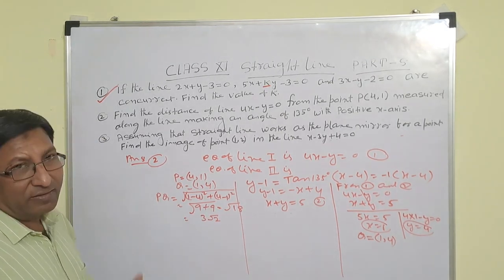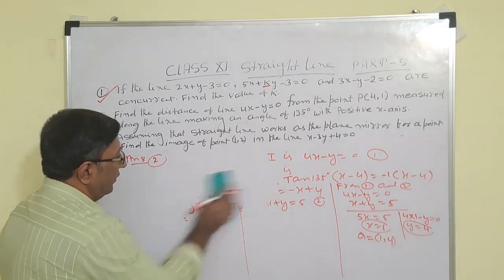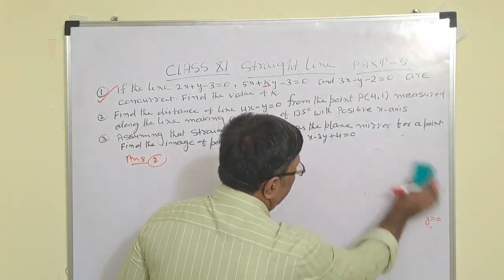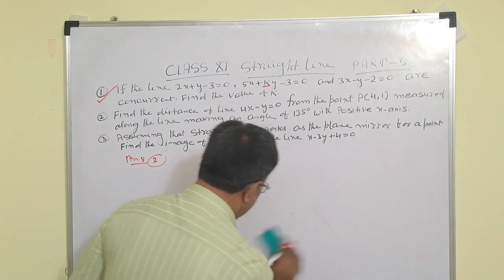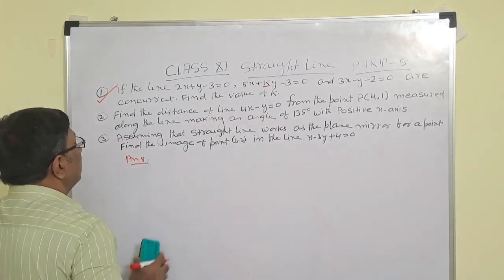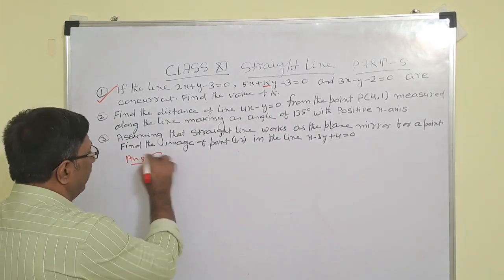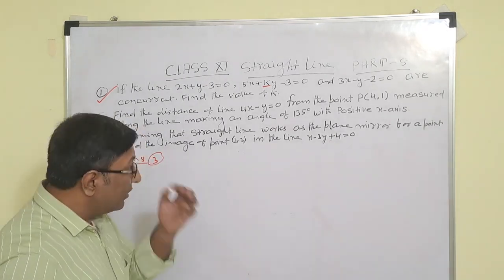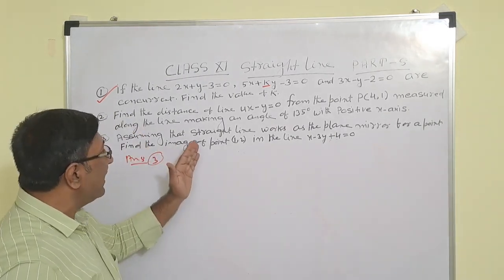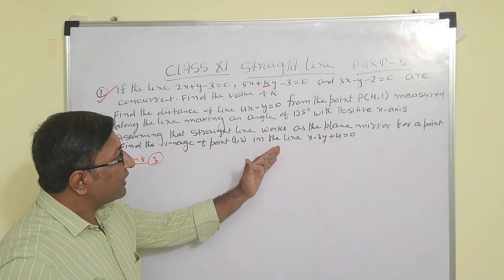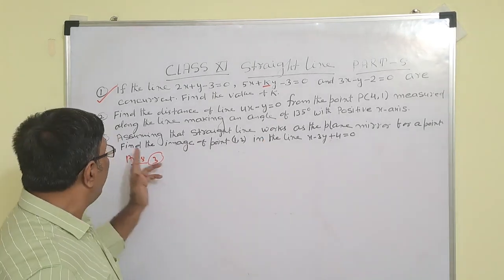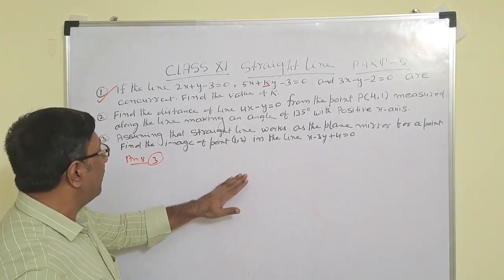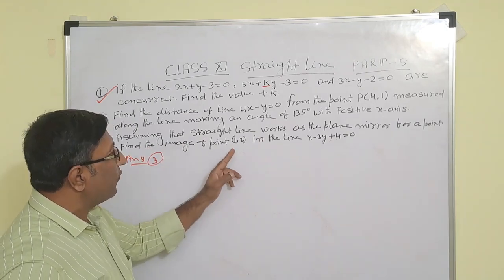Okay, now see the third question. The third question is also a most important question. What is the third question? Assuming that a straight line works as a plane mirror, for a point, find the image of the point in the line.